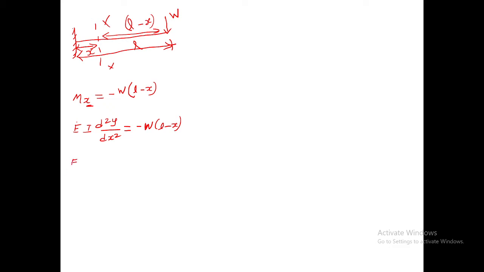differentiate with respect to x: EI dy by dx equal to minus W times the integration, which gives Lx minus x squared by 2 plus C1, where C1 is a constant. At the fixed point A, x equal to 0, the slope at the fixed point is 0.